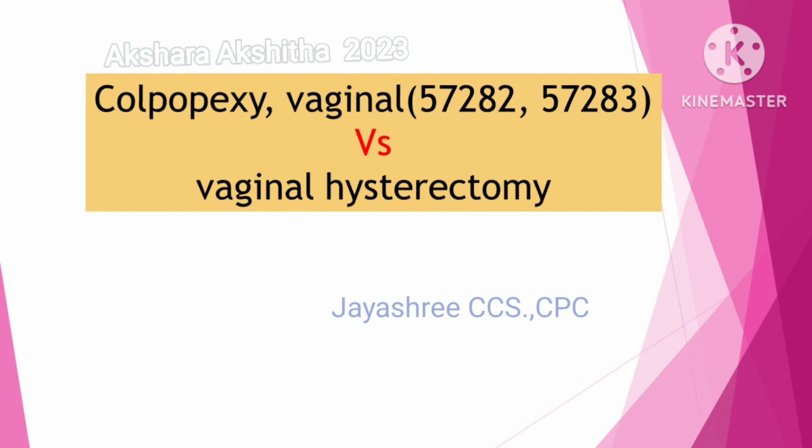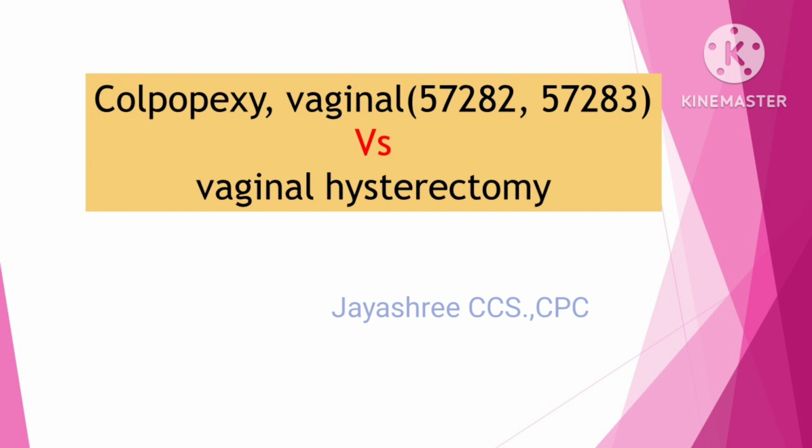This procedure occurs routinely, so we should not report it separately. If a more extensive colpopexy is performed along with the main procedure, then we need proper medical necessity to report both codes along with the NCCI modifier.